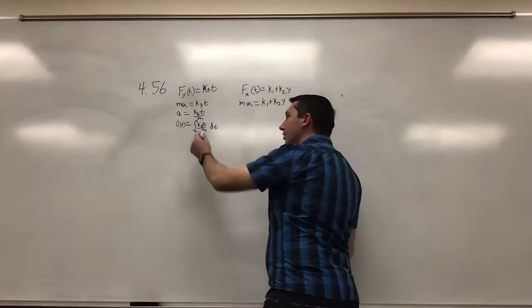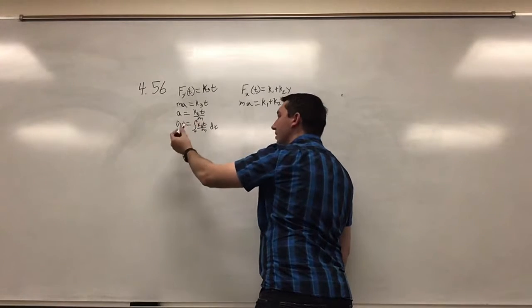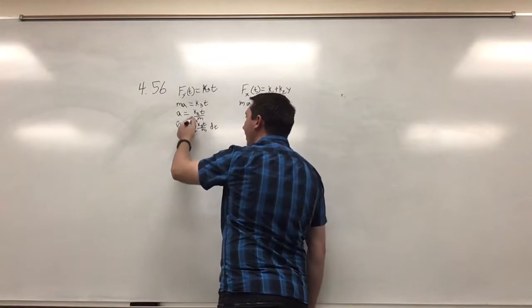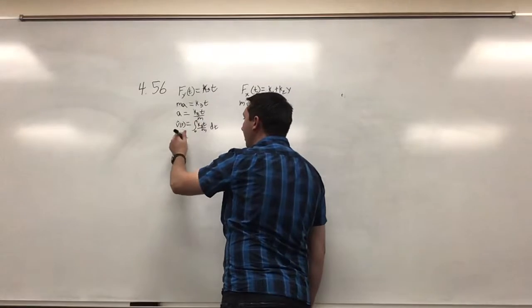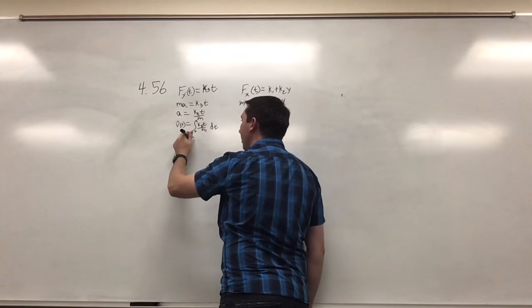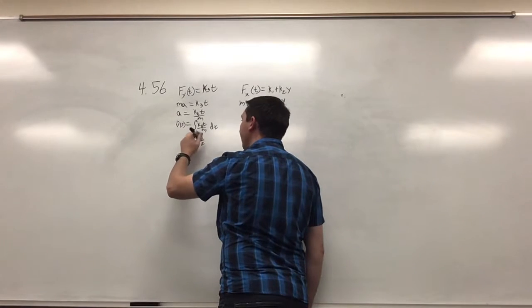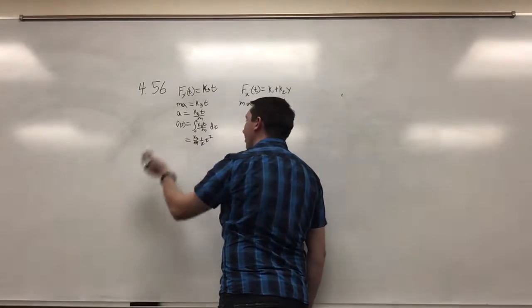For this integral, everything except for the time can be taken outside the integral, and then the time is evaluated. That gives us k3 divided by m times 1/2 t squared.